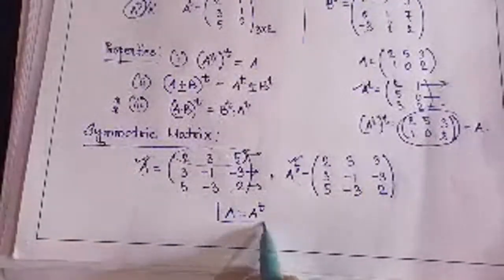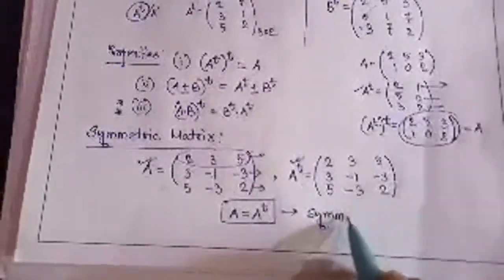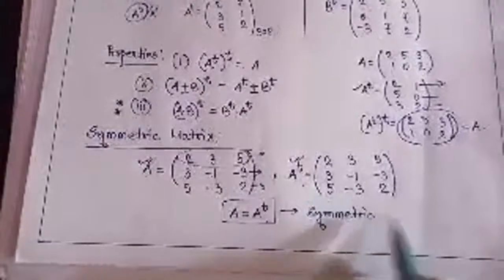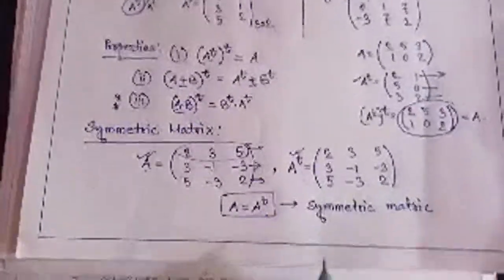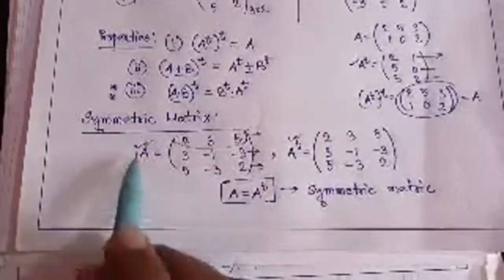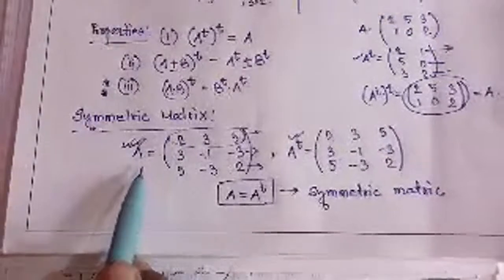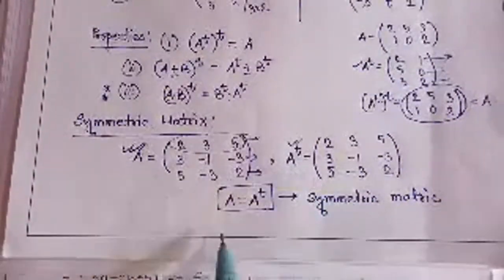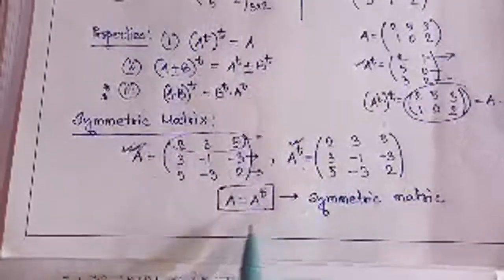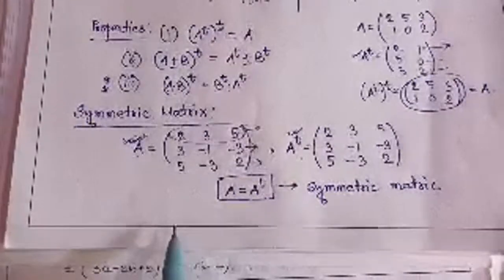So if we have such a matrix, then this matrix is known as a symmetric matrix. It may not happen for any other matrix, but this matrix has some speciality. That is why when we take the transpose, we get back that matrix again. So such matrices are called symmetric matrices.